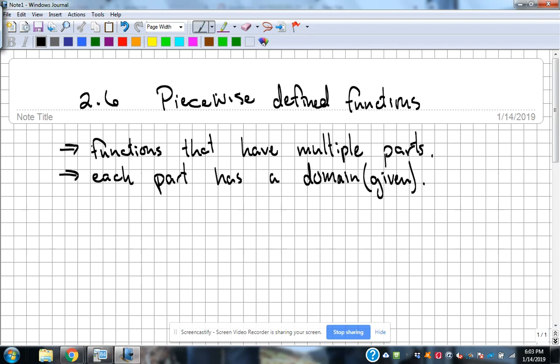Okay, so we're going to look at some piecewise defined functions and talk about how that individual domain for each part comes together to make the entire domain for the whole problem. So that's what we're going to be working on, and then finding some function values and all those other things that we do with functions, we're going to do with piecewise defined functions.